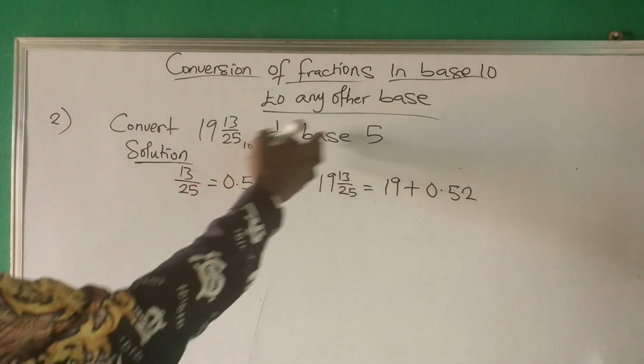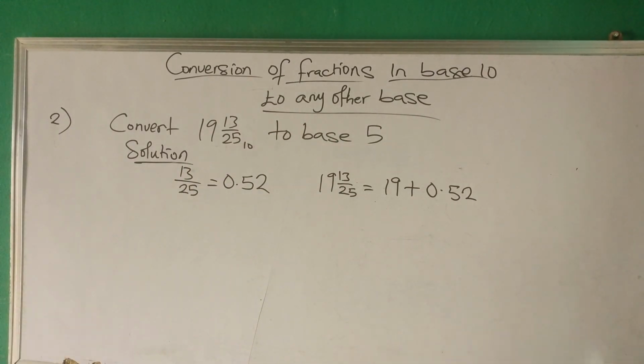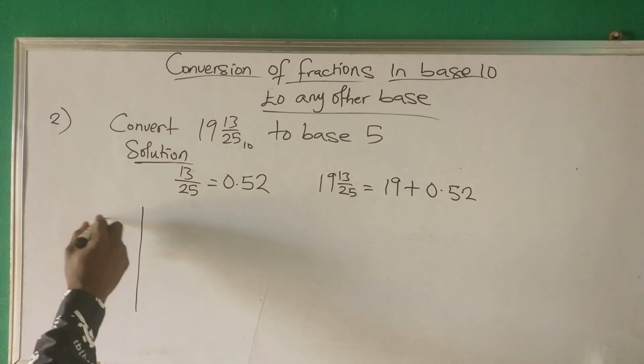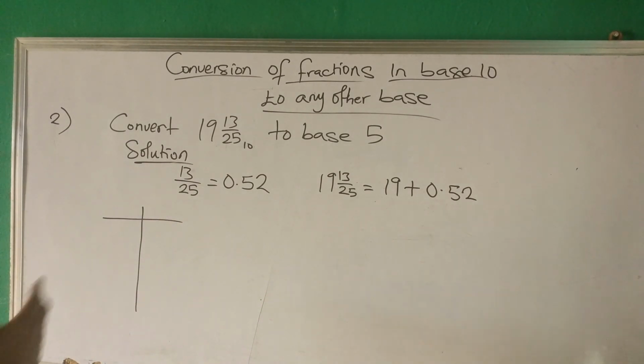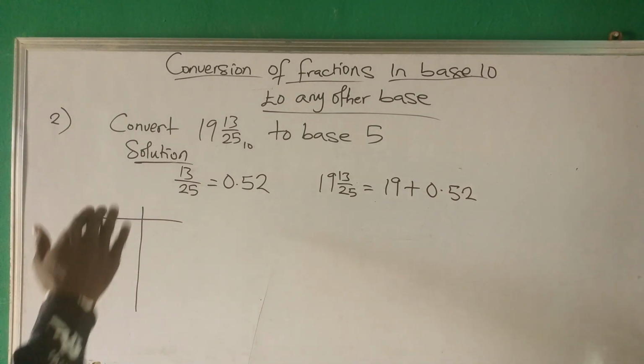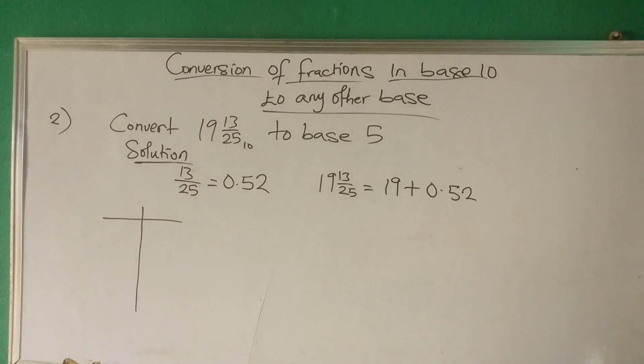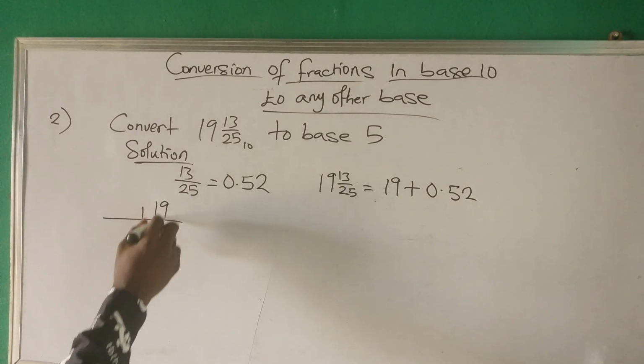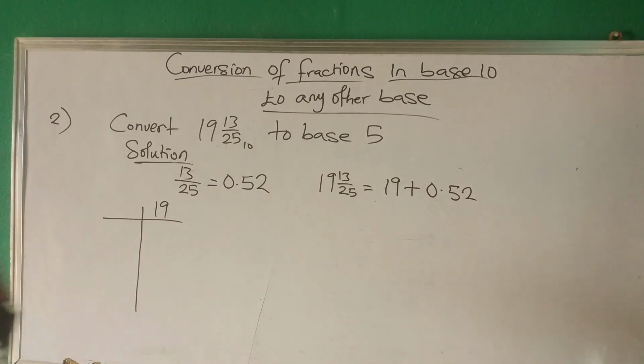We are converting 19 to base 5. Remember how we do this? We draw a table of 2 columns, then we put the number we are converting at the right hand part, which is 19. Then we put the base that we are converting to on the left hand side, which is 5.